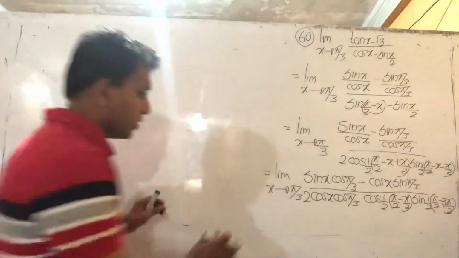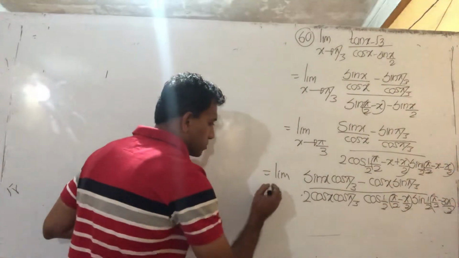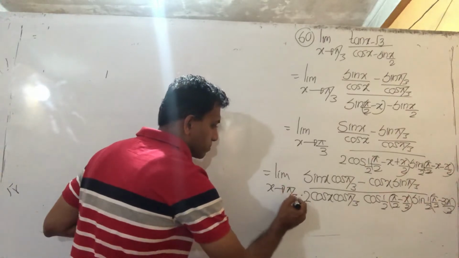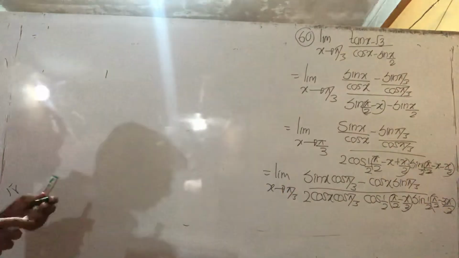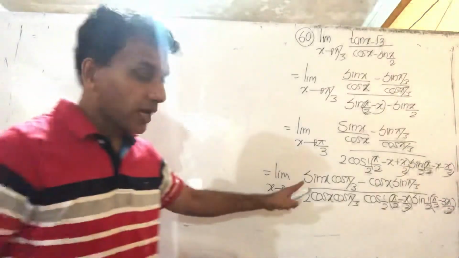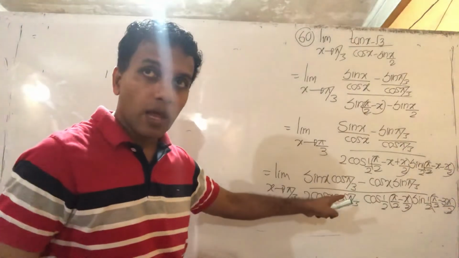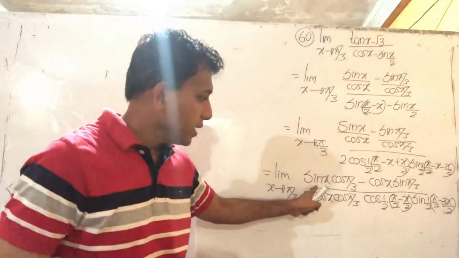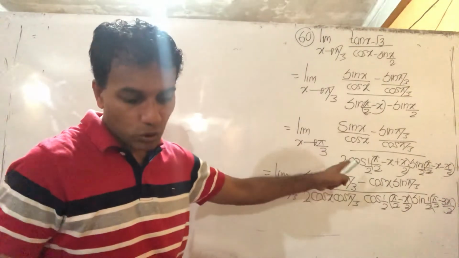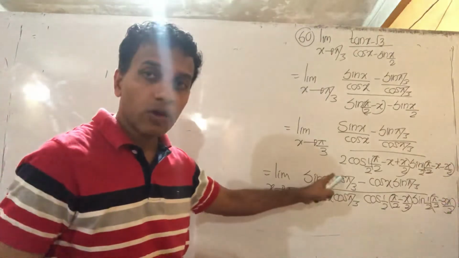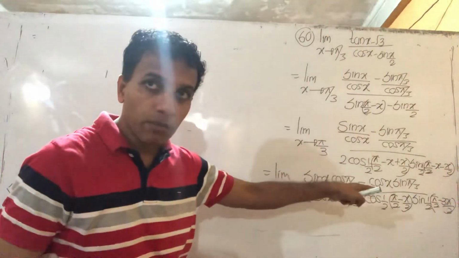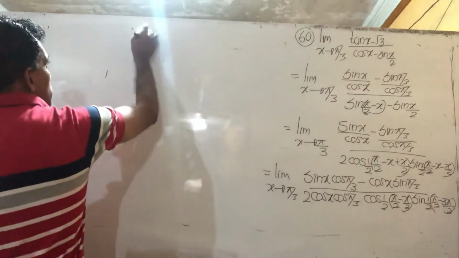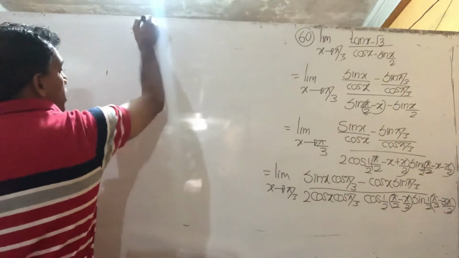Now you know, here x tends to pi by 3. Sin x cos pi by 3 minus cos x sin pi by 3, what is the form? Sin a cos b minus cos a sin b, that is sin a minus b, right? So a lot of trigonometric part.